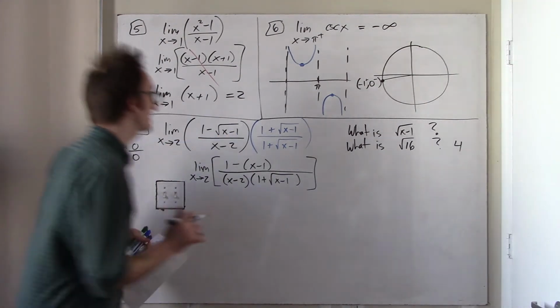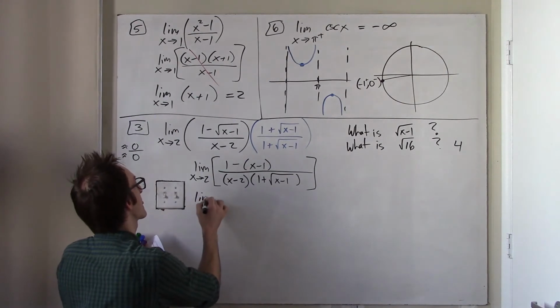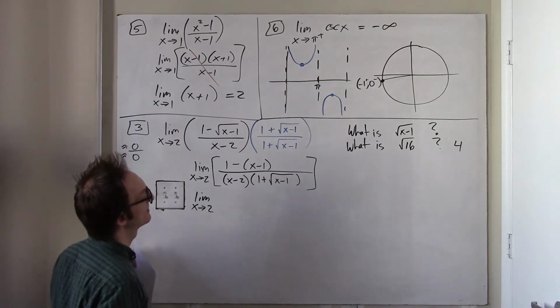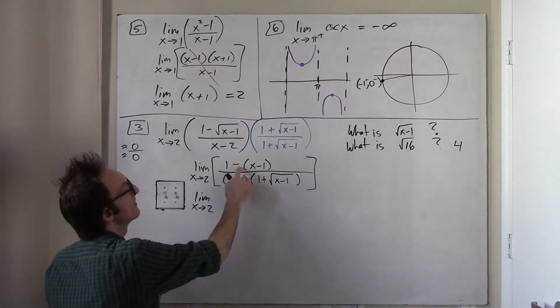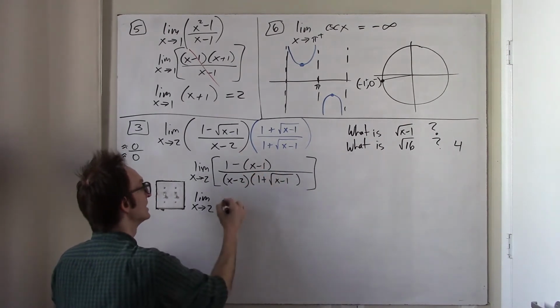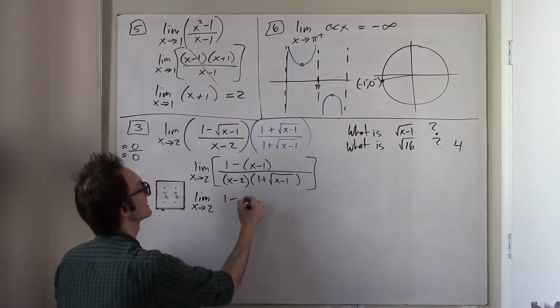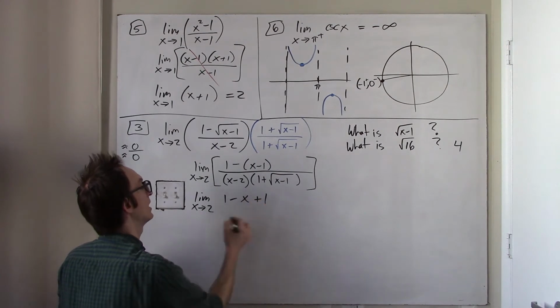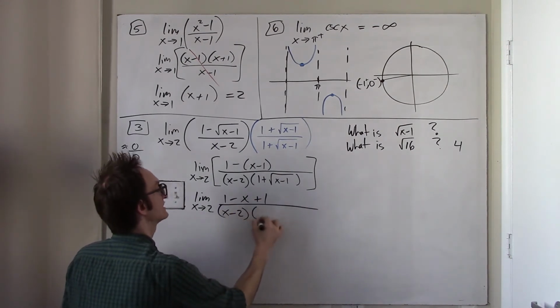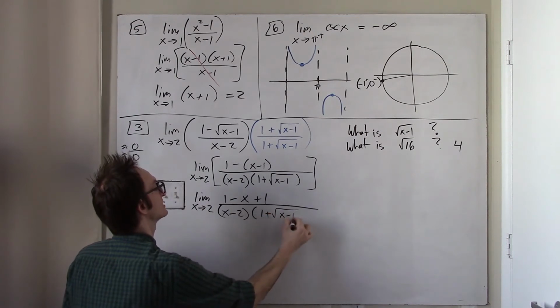Alright, why is this helpful? Because now, what do I get in the numerator? Well, I get 1 minus x plus another 1. So maybe I'll just write that: 1 minus x plus 1 over (x minus 2) times (1 plus root x minus 1).